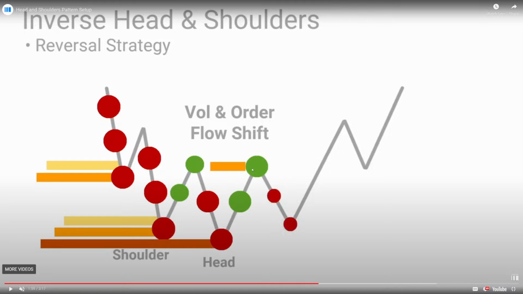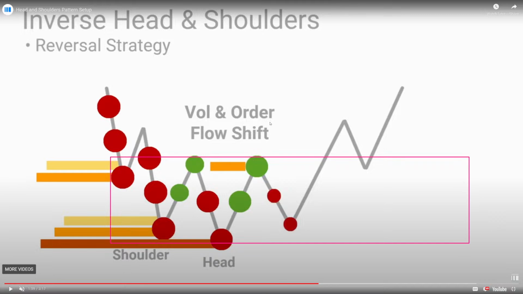Now we're looking for either an equal high or even a break of the high here, but we're looking for more buyers still. And then we might just go sideways in here. We don't know that. It just might go back and forth and stay in a zone like this.